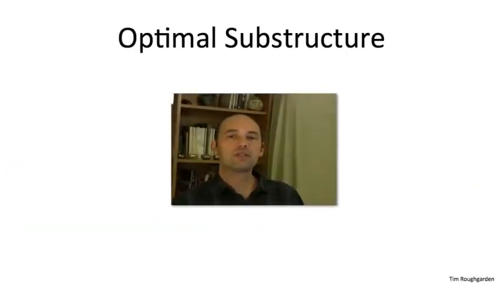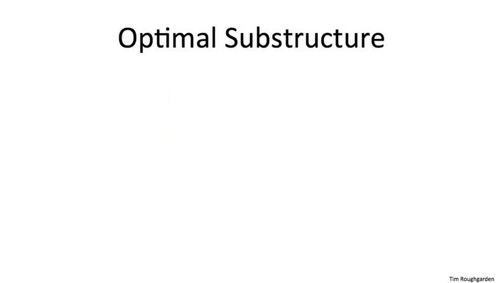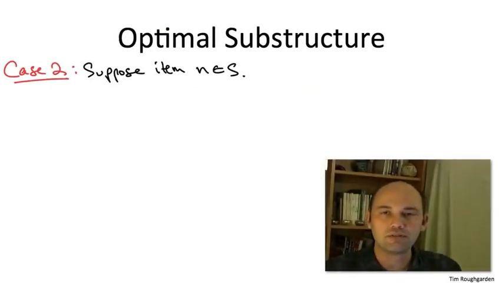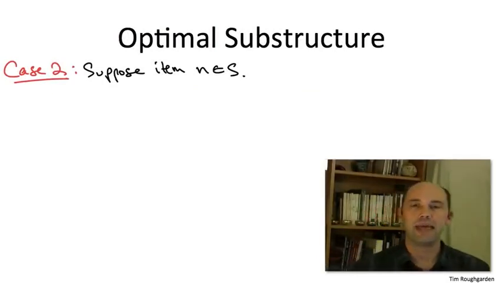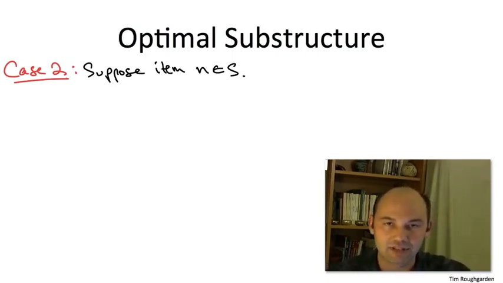So let's go through the slightly trickier case 2 together using a quiz. So suppose the optimal knapsack solution does in fact make use of this final item n. Now we want to talk about this being somehow composed of an optimal solution to a smaller subproblem. So if we're going to delete the last item, then we can't talk about S, right, because S has the last item.